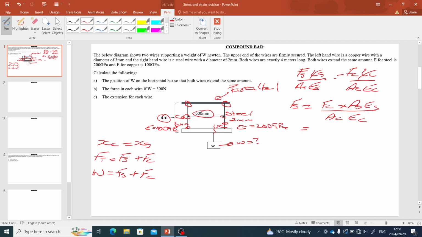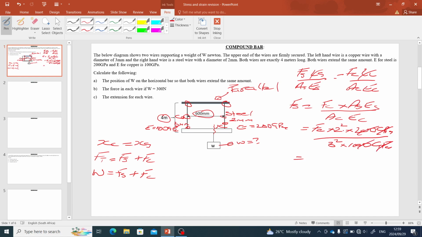Here the gigapascal and the gigapascal will cancel out, and the zeros will cancel out.